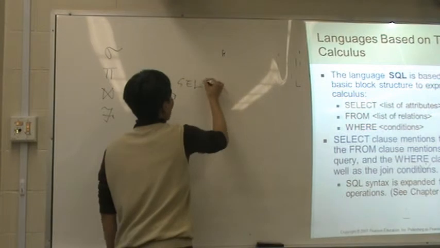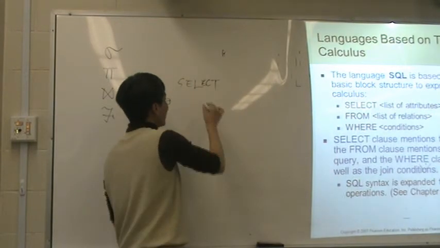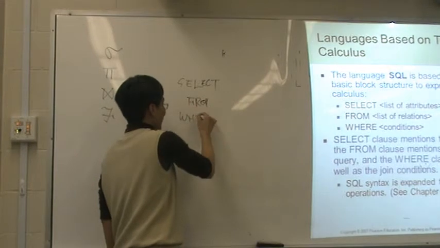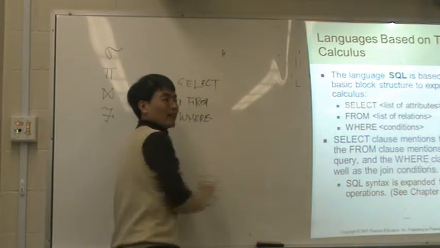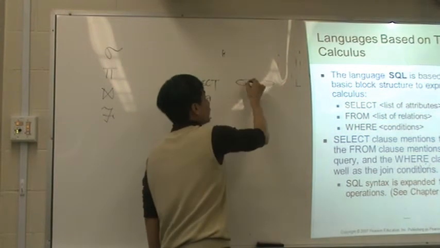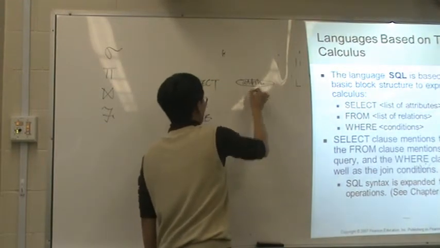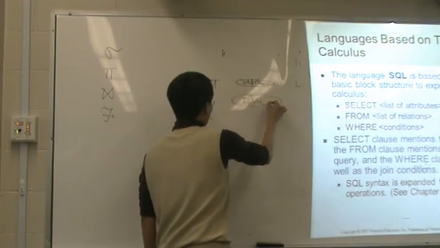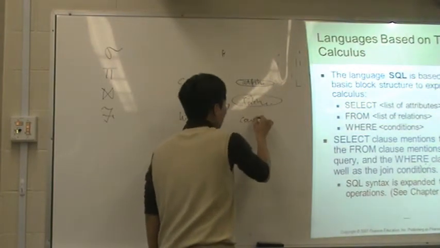Select. This is a very well-known statement. Select, from, where, right? Select has what? Attributes, columns. From has the table name. Where has the condition.